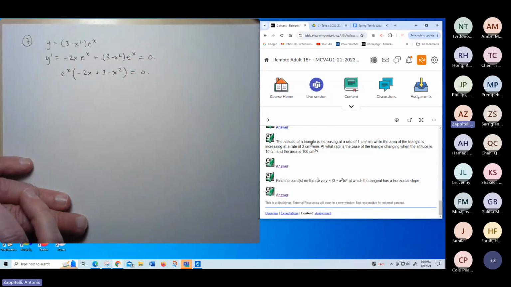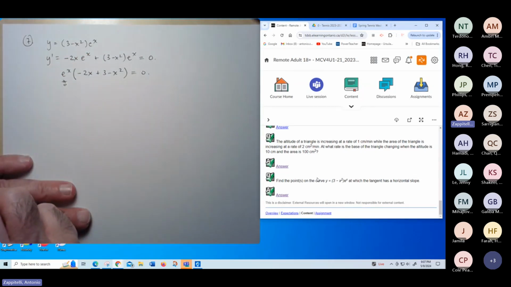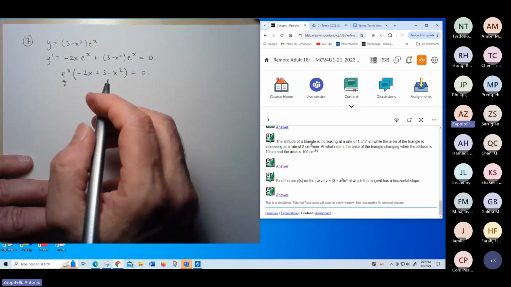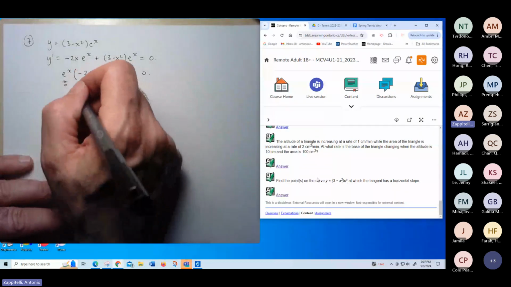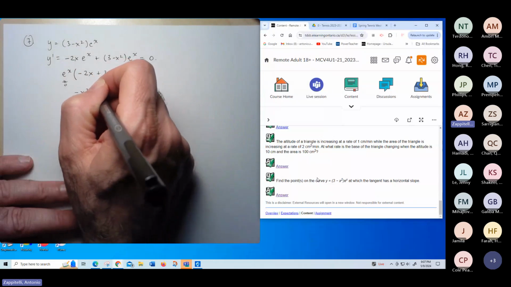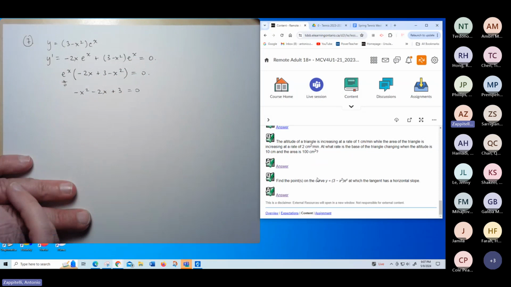And now we can solve this problem. E to the x is never equal to 0, so that's not going to give us a solution. So we just have to determine when this expression is equal to 0. So when negative x squared minus 2x plus 3 is equal to 0.